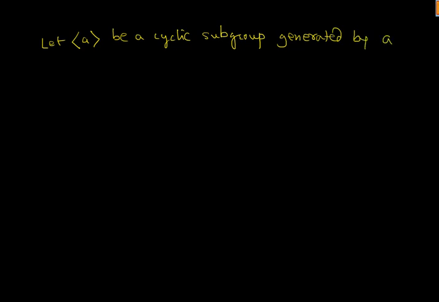All right. Now, since it is a cyclic subgroup, I can write the elements of this subgroup as A, A square, A cube, and finally, since the order of A is m, A to the power m is the last element of this subgroup. Right?